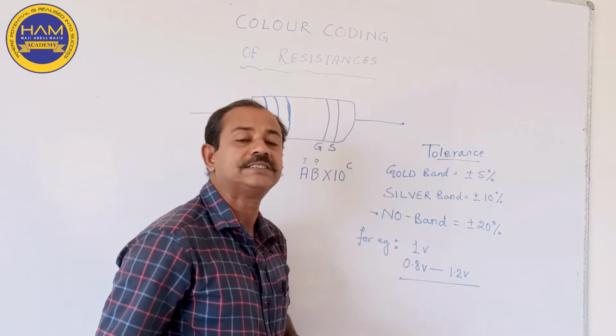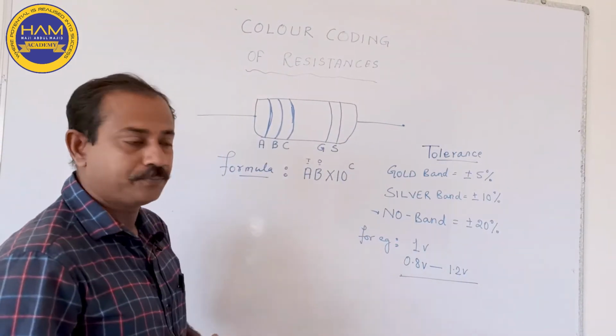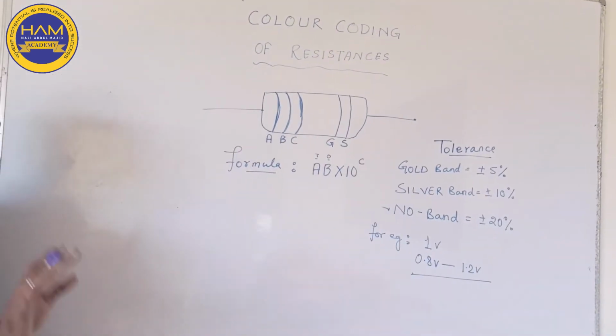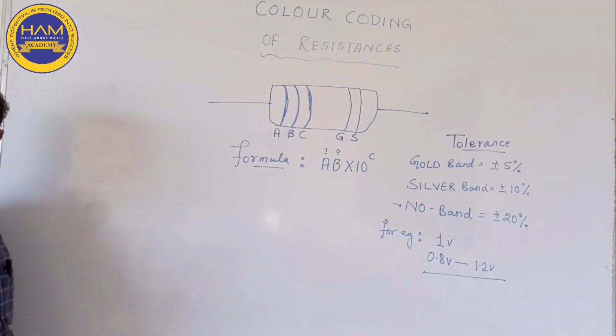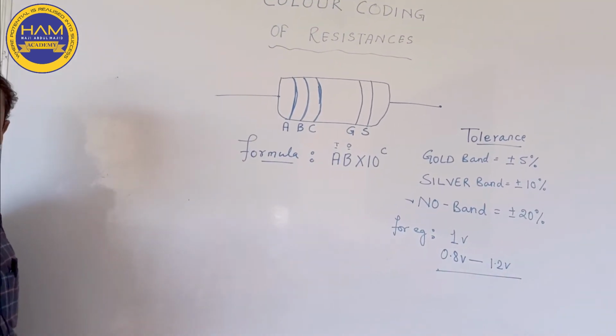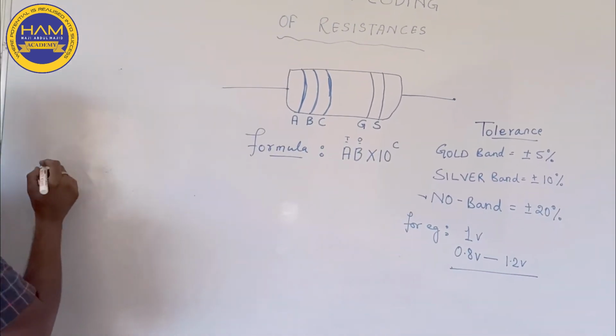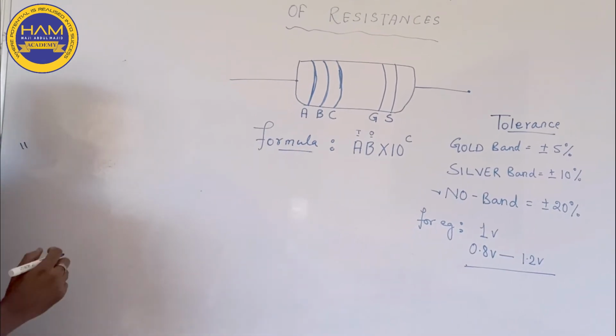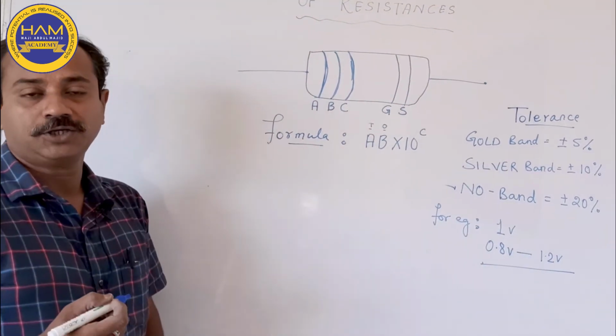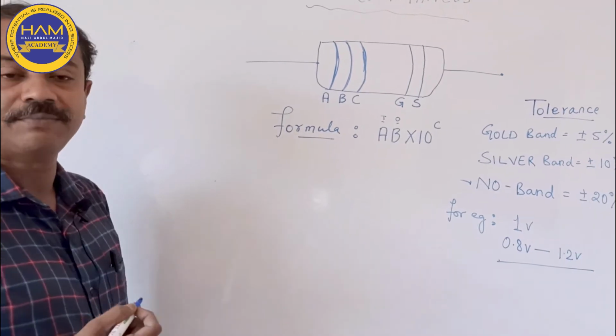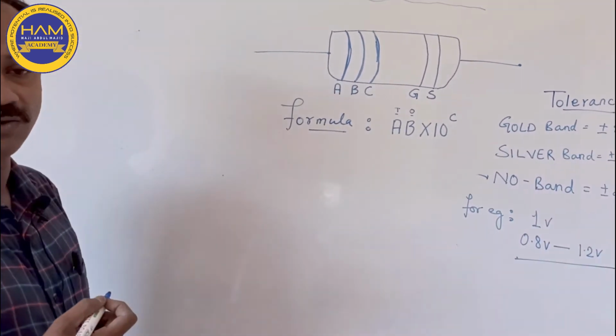Now the question is about your color coding. For the color coding we have a formula, because it is very difficult for us to just remember the colors along with the coding.